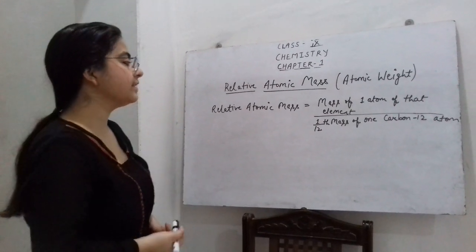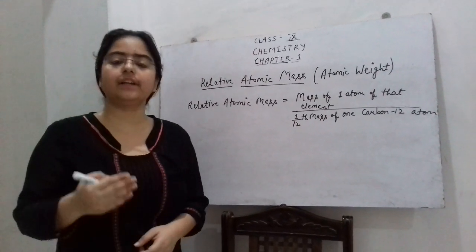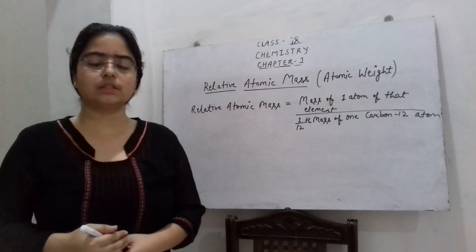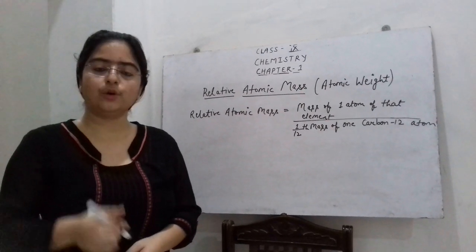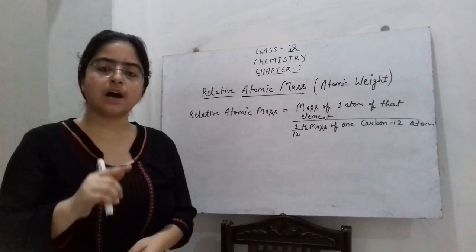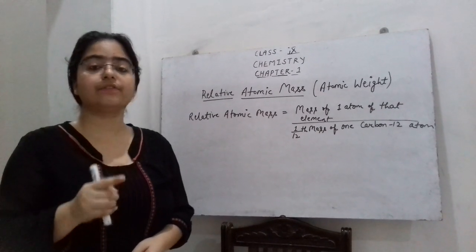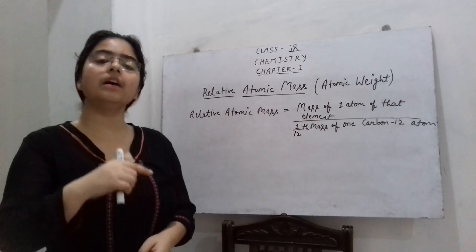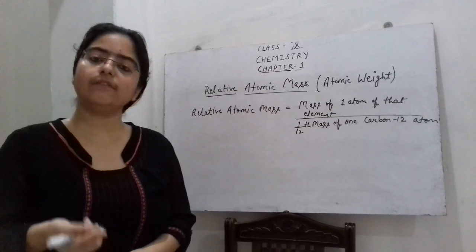So finally we can say that in order to determine the atomic mass of different elements, we will compare the mass of one atom of that element with the mass of a carbon 12 atom.